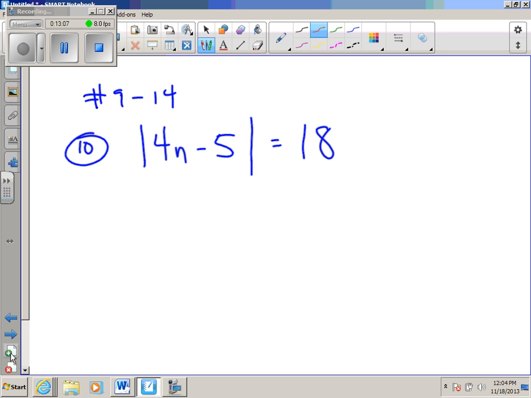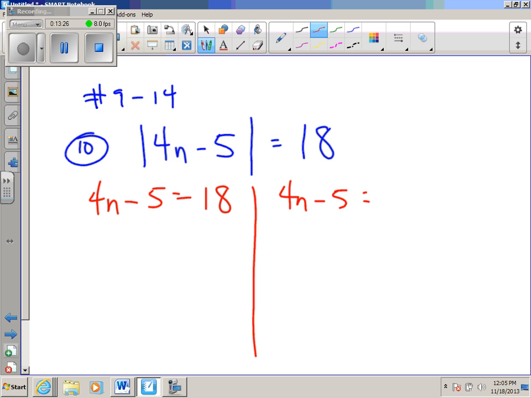How am I going to set it up? Anything special I need to do before I can just start going? Anything in addition to on the outside of the absolute value bars that I need to? No. So quite simply, 4n minus 5 equals a positive 18. 4n minus 5 equals a negative 18, right?